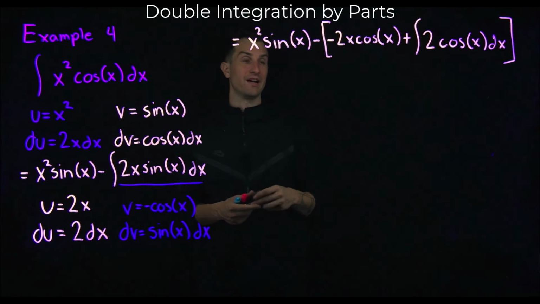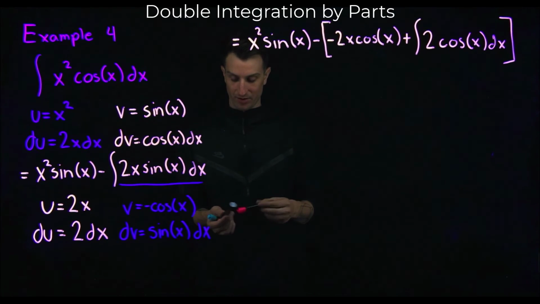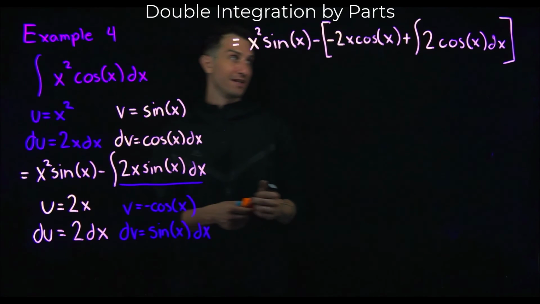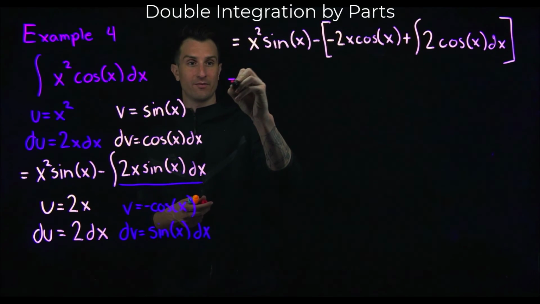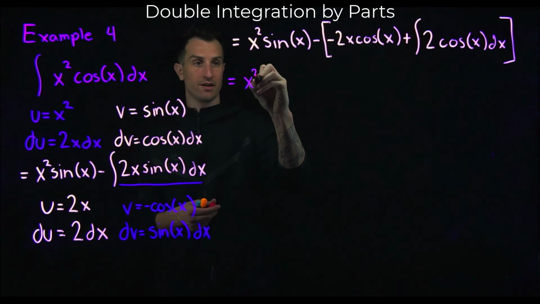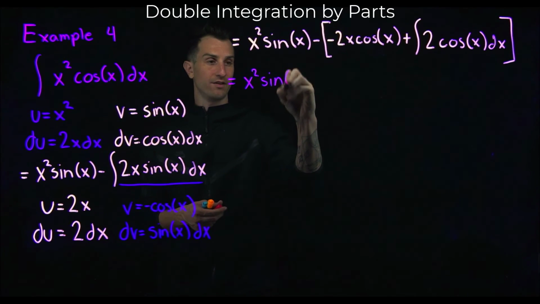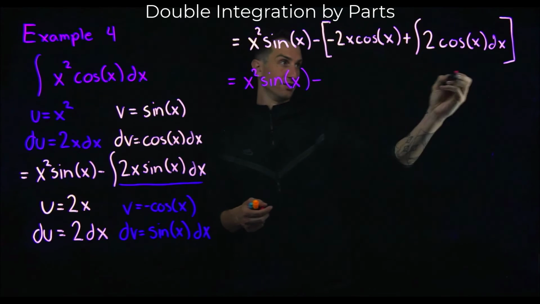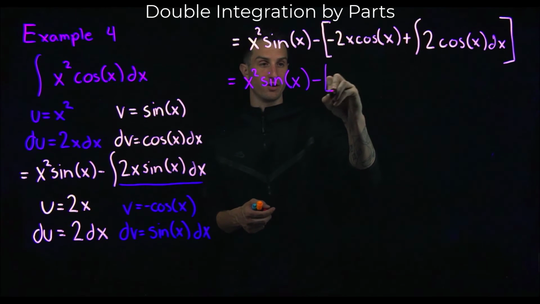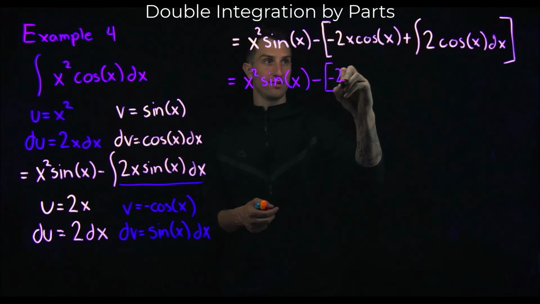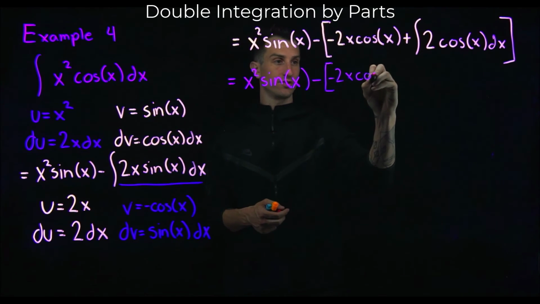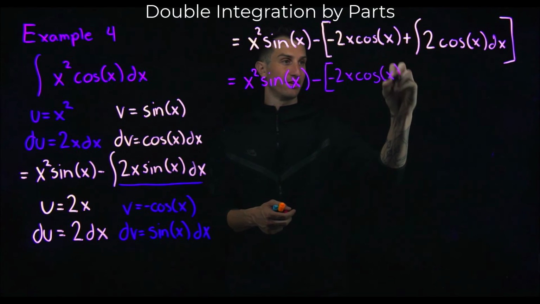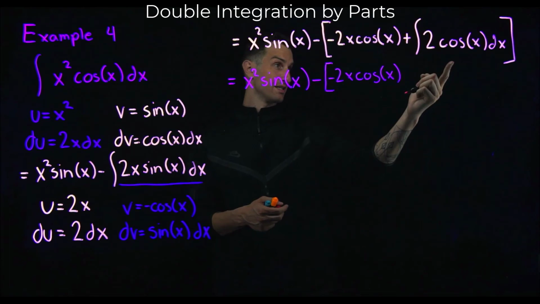Okay, so now finally, let's go ahead and we can start writing this all the way out. So we still have to remember a few things. We have our x squared sine of x. Perfect. Minus, we'll deal with this later. Let's just go ahead and actually do the calculus part here. We have negative 2x cosine of x plus, where does a positive cosine come from?